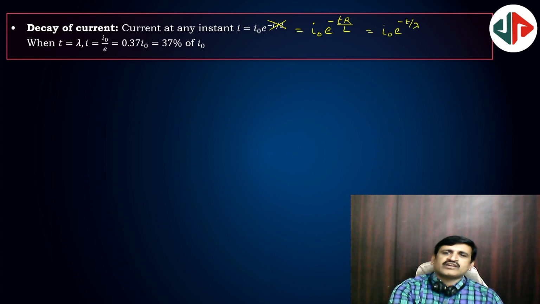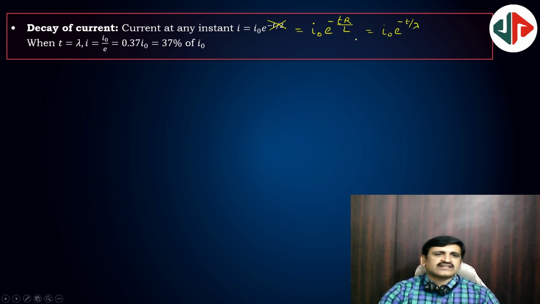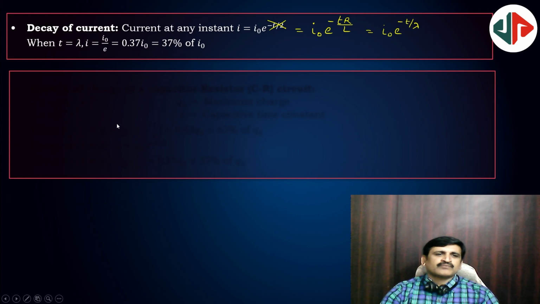Here we are using lambda, so you can put lambda. If the time elapsed is L by R, that is lambda, then e to the power minus 1, with value 0.37, will come, so it is 0.37 times I naught, or 37% of I naught.